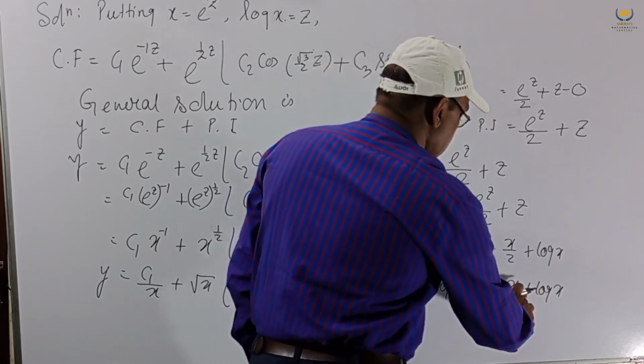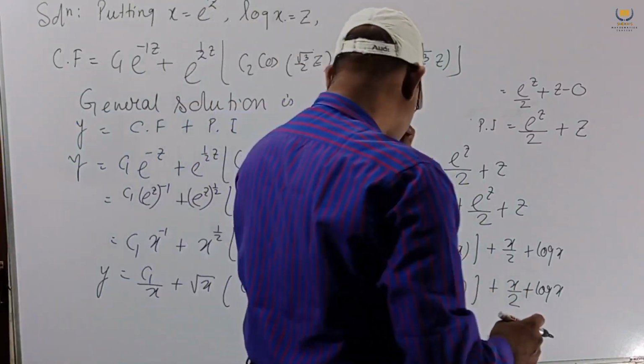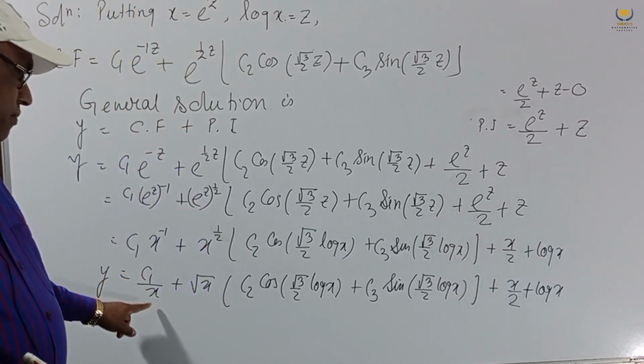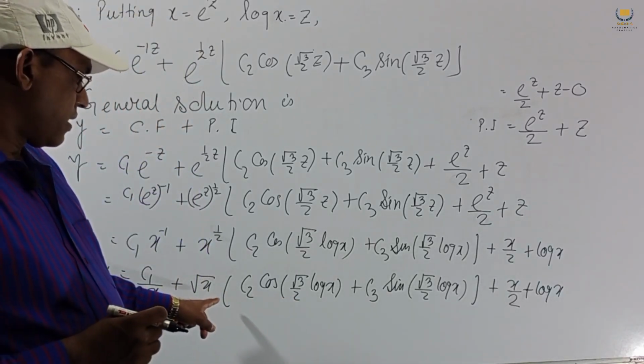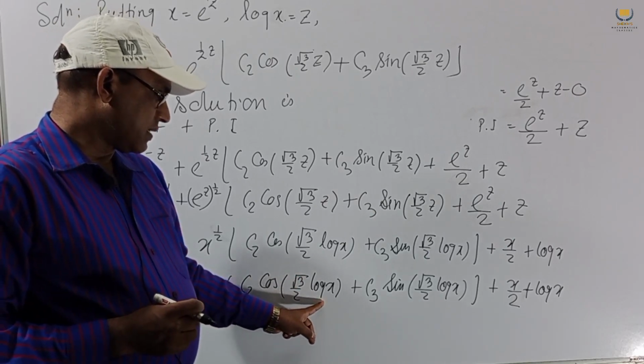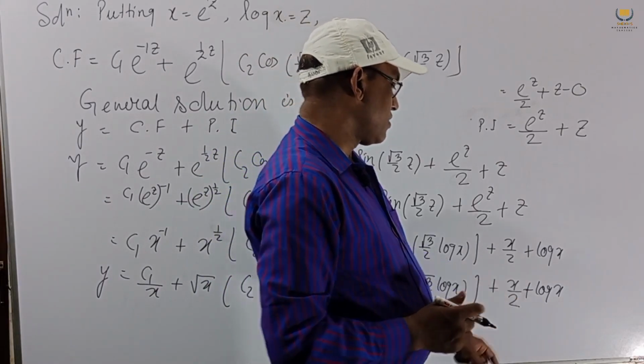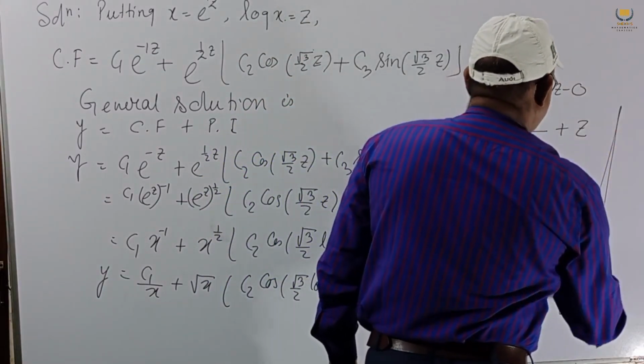Or we can write c1 by x, root x, c2 cos of root 3 by 2 log x plus c3 sin of root 3 by 2 log x, plus x by 2 plus log x. This is our final answer.